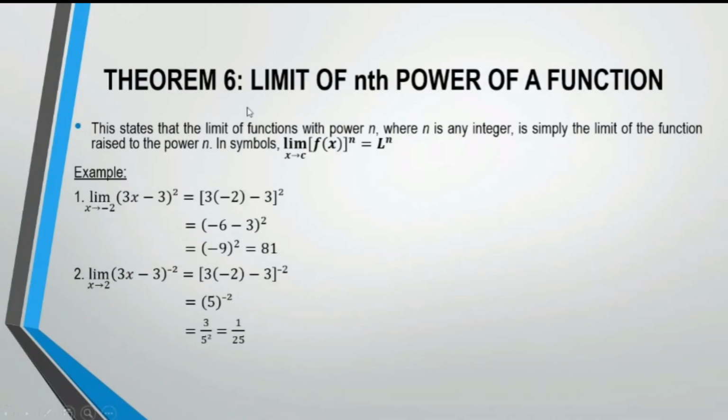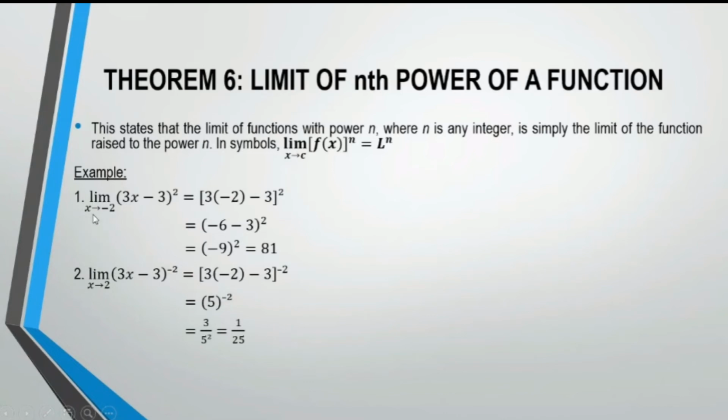Theorem 6, limit of the nth power of a function. This states that the limit of a function with power n, where n is any integer, is simply the limit of the function raised to the power n. In symbols, limit of f of x to the power of n is equal to L to the power of n as x approaches c.